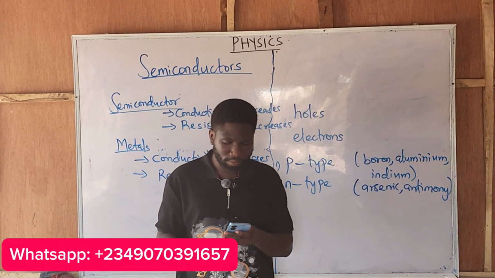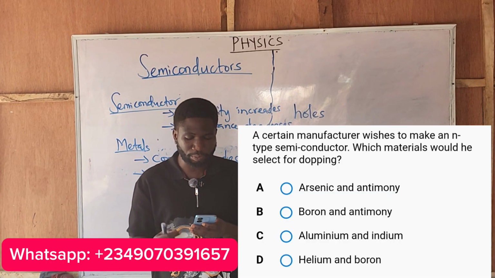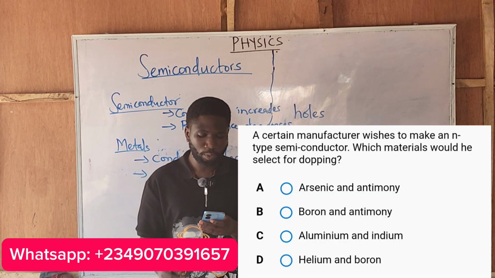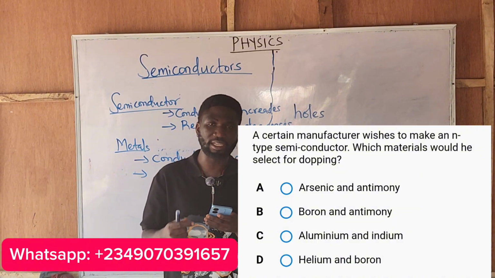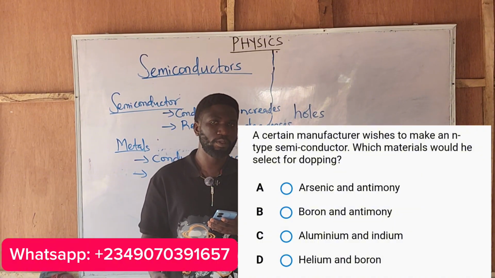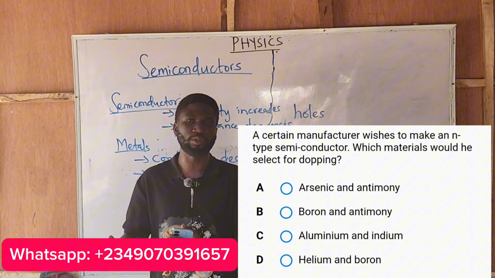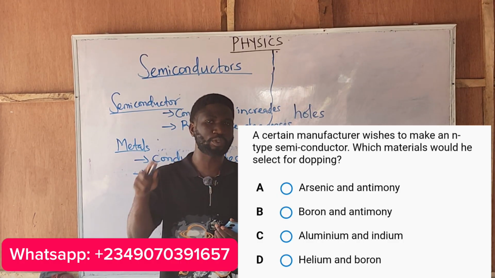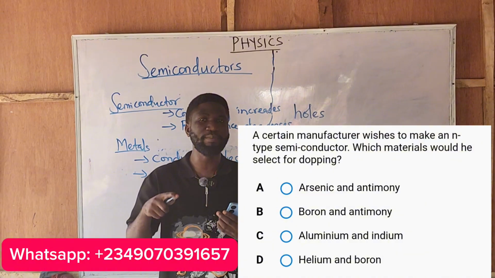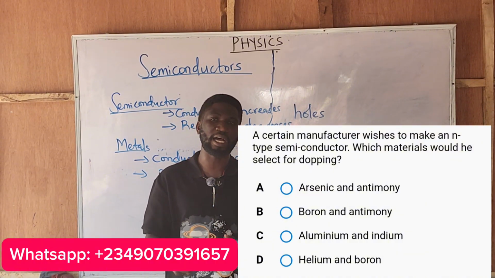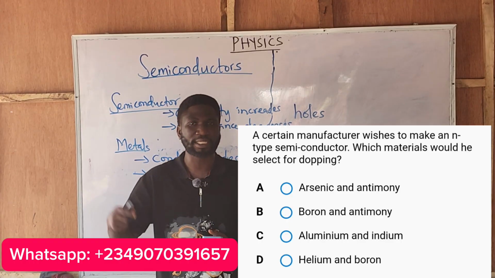The next question: a certain manufacturer wishes to make an N-type semiconductor. Which materials would he select for doping? If the manufacturer wants to have an N-type semiconductor, what impurities is he going to consider? I said in making N-type semiconductor, the impurities are the pentavalent atoms.